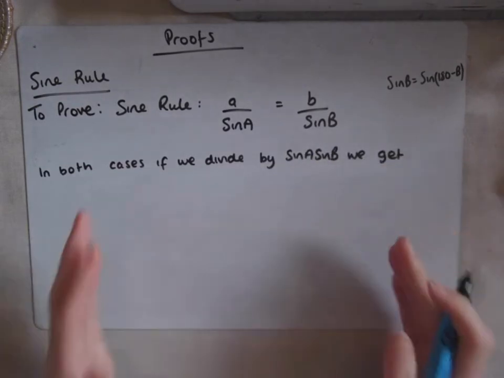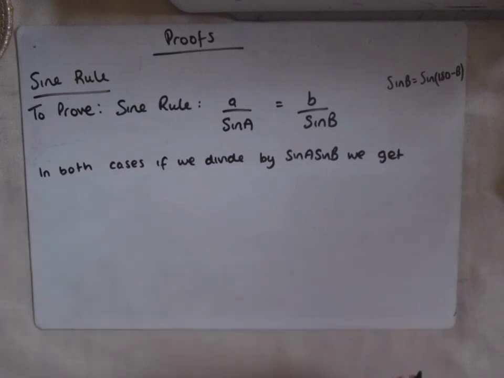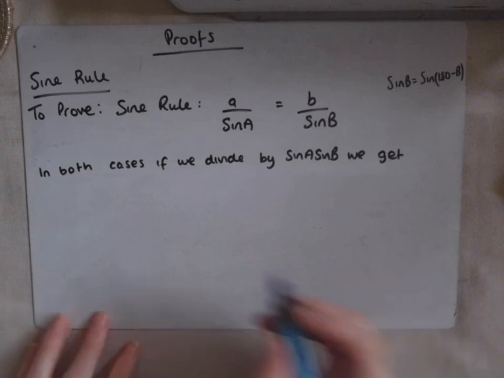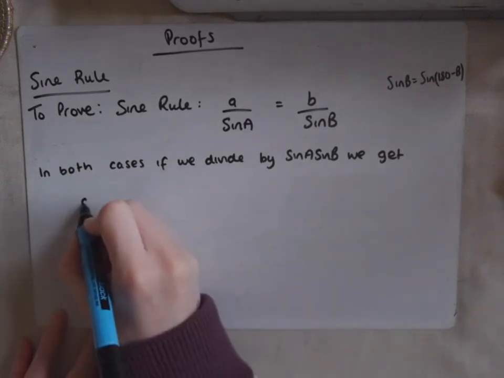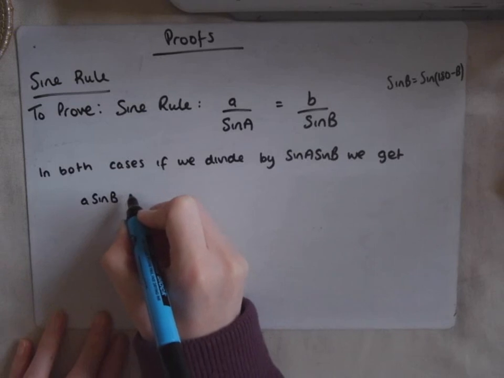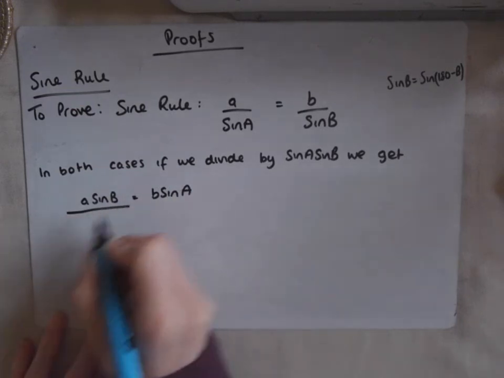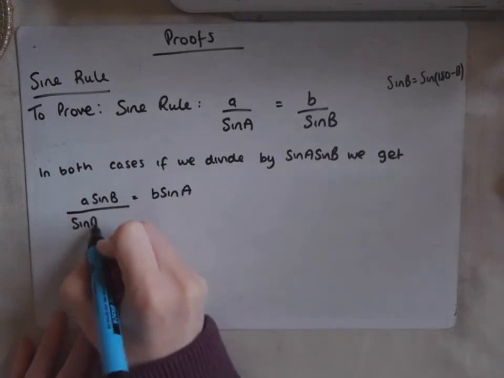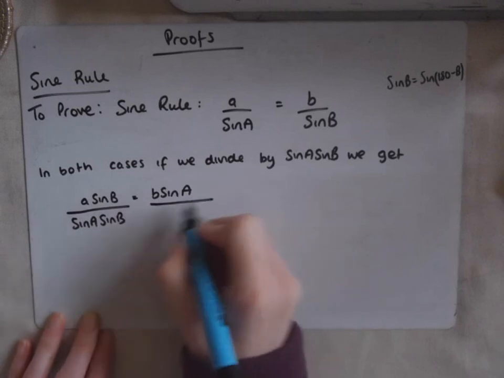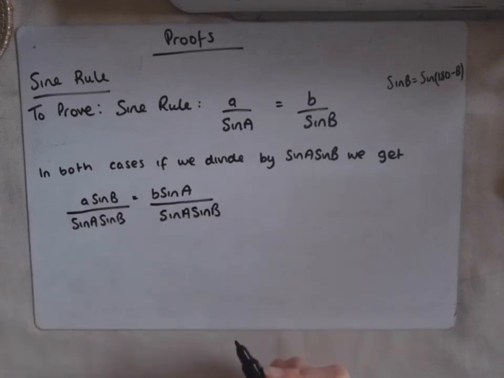In both cases, because both cases ended up being the same, if we divide by sine A sine B, I'm going to divide this side by sine A sine B, and I'm going to divide this side by sine A sine B. Because I did it to both sides, I'm not actually changing the equation at all.